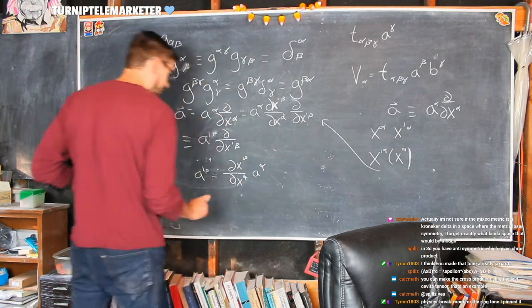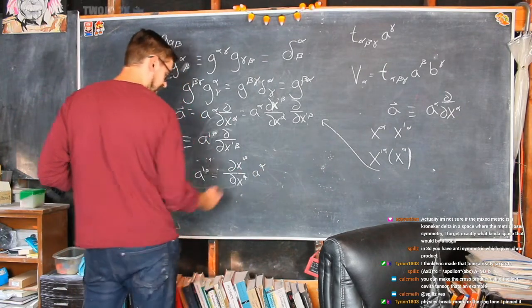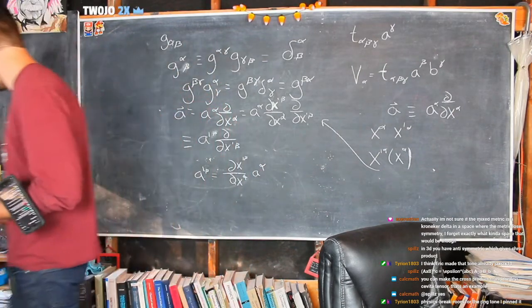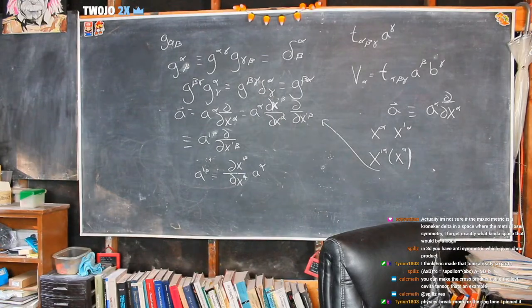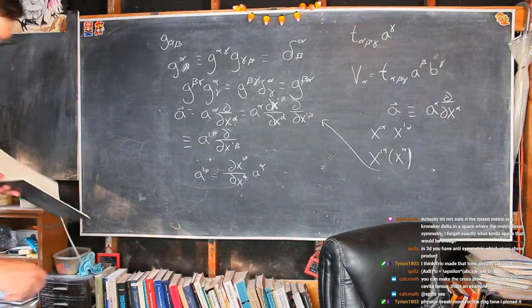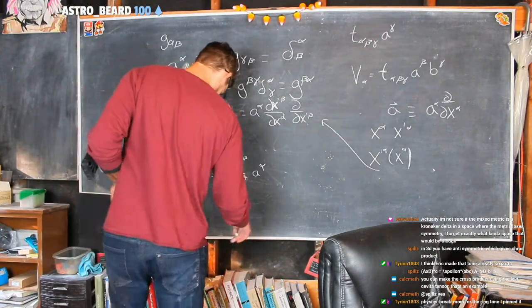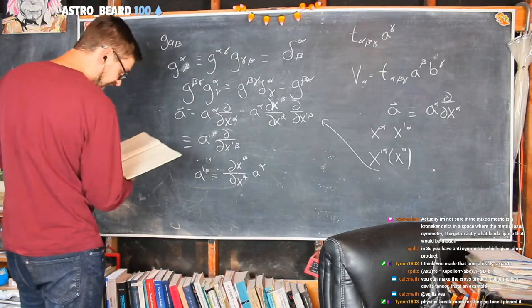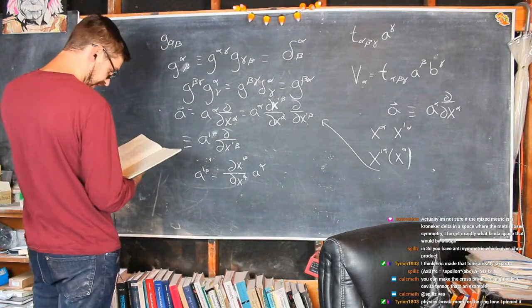So that's it. We can act on this with the spatial derivative, and from that we'll get the vector in a different coordinate system. That is how we do a coordinate transformation.